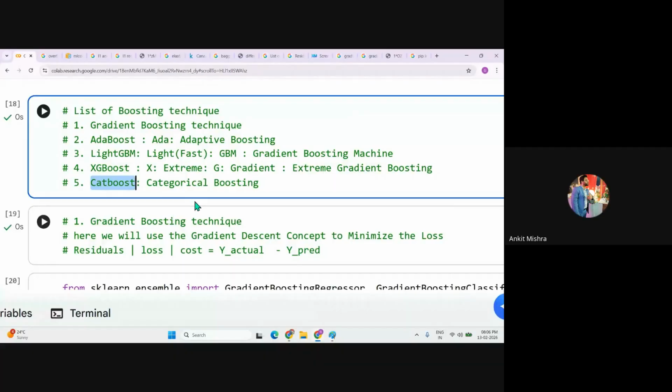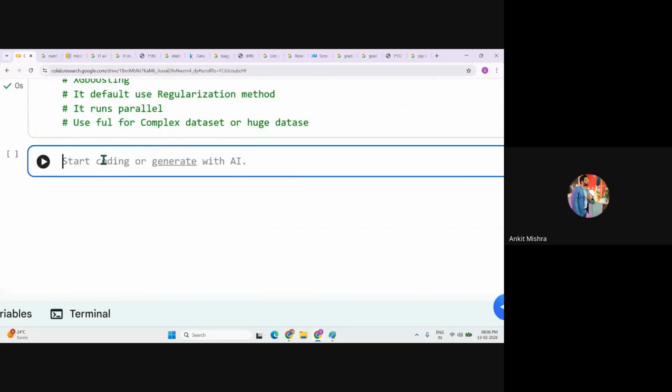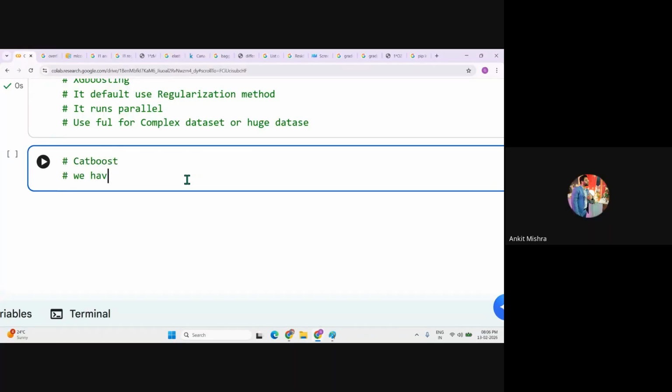CatBoost is generally useful for categorical boosting, right? We know that if we are getting any categorical data, we have to convert the categorical or textual data to numerical.